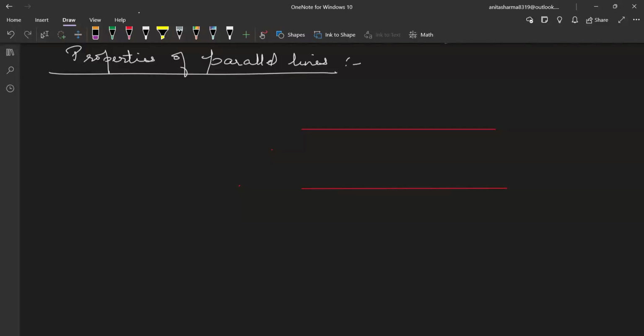So see, beta, properties of parallel lines: when two parallel lines are intersected by a transversal, this will act as a transversal, let it be L. And these be M and N. These two are parallel lines. So we know that lines can be extended in both directions, beta?